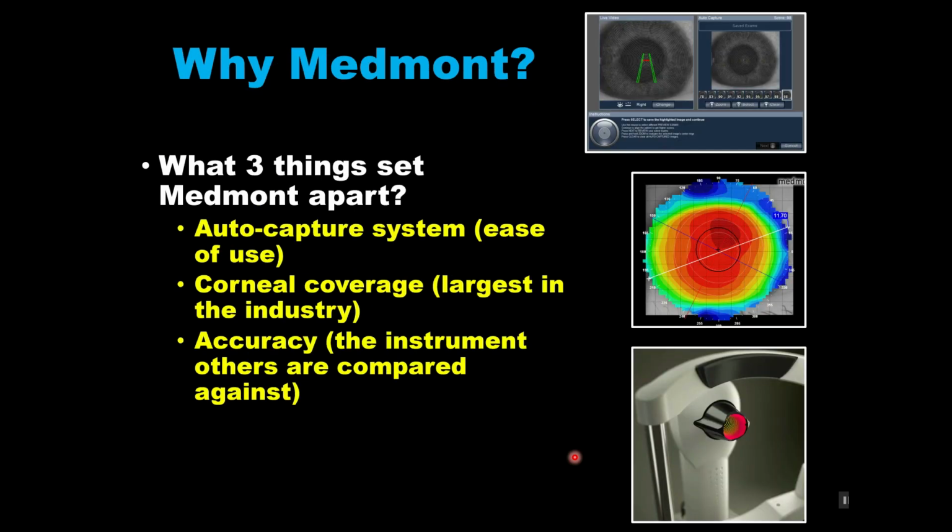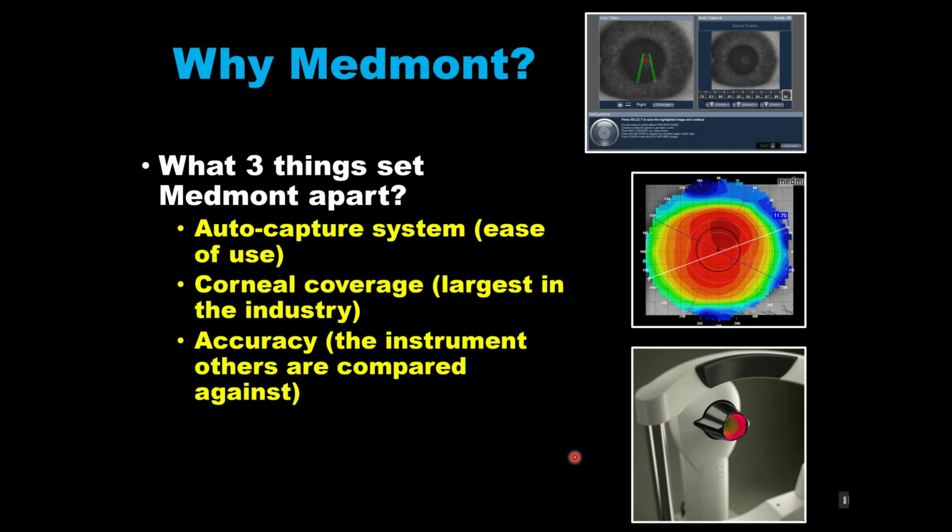Now, why would you choose Medmont? You have many topographers to choose from. Why Medmont? And in my mind, there are three things that set the Medmont apart. The auto capture system makes it incredibly easy to capture an image. The corneal coverage is the largest for any Placido topographer on the market.